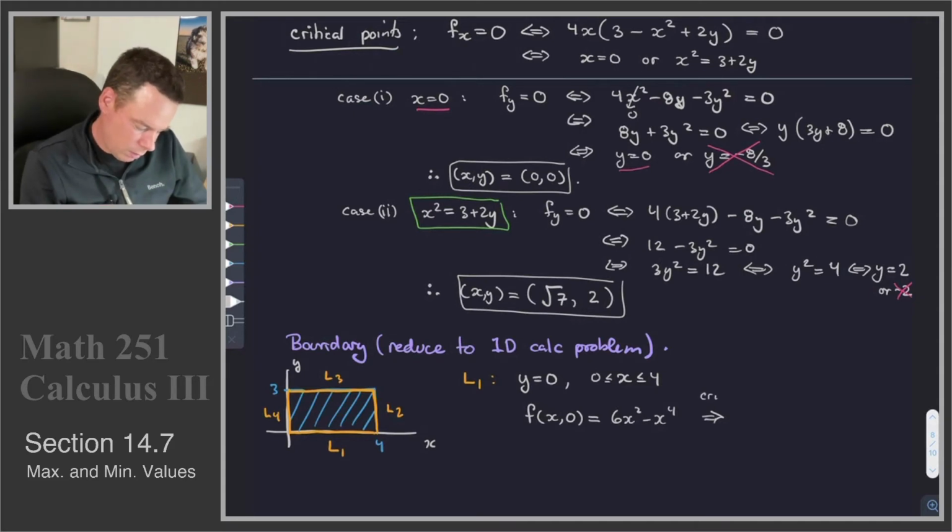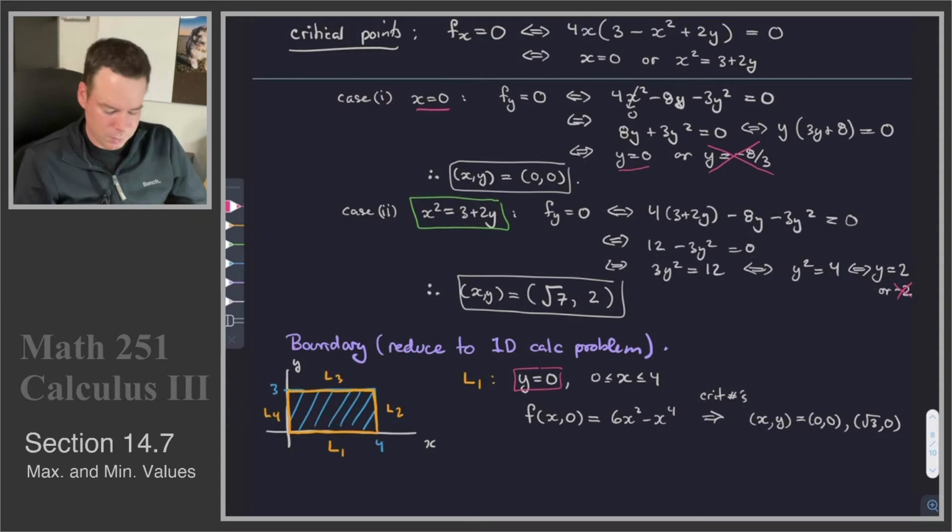If I do it, and I get the critical numbers here, what I get is that x, y are equal to 0, 0, or x could be root 3, and then the y value is 0. The y value is always 0 because we're on the y equals 0 curve.